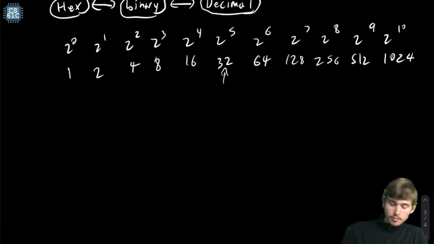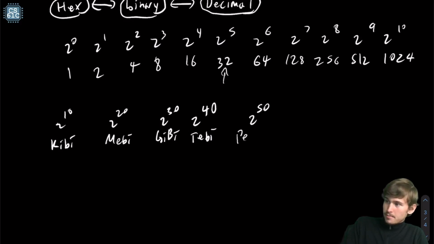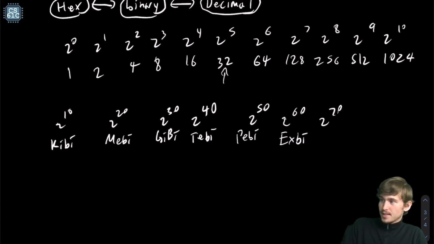Some other important things you should probably remember: 2 to the 10 is a kibi, 2 to the 20 is a mebi, 2 to the 30 is a gibi, 2 to the 40 is a tebi, 2 to the 50 is a pebi, 2 to the 60 is an exbi, 2 to the 70 is a zebi, 2 to the 80 is a yobi.